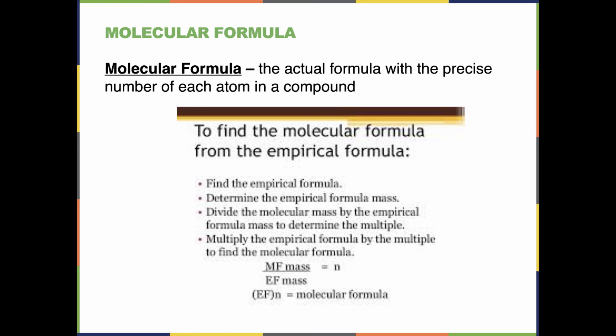You divide the molecular mass that's given to you by the empiric formula mass, and it gives you a multiplier, designated by a small case n here. Then you take the empiric formula and multiply it by that multiplier, and that gives you the molecular formula.